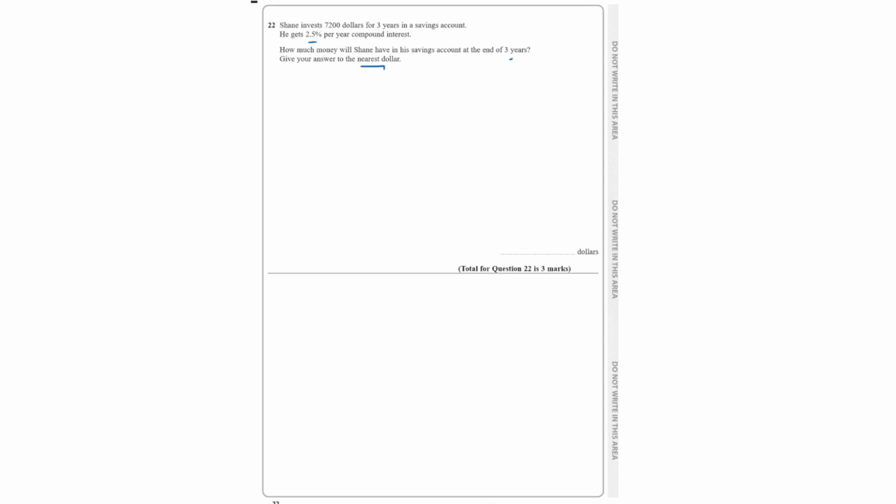Okay. Now the formula for compound interest is principal amount is equal to initial amount times 1 plus interest rate, which is 2.5 over 100, to the power of n. So n is how many times per year? This is only once per year. So this is the power of 1 times how many years it goes on for.